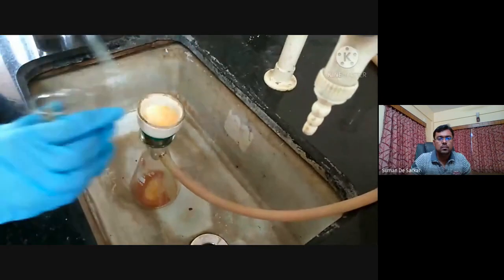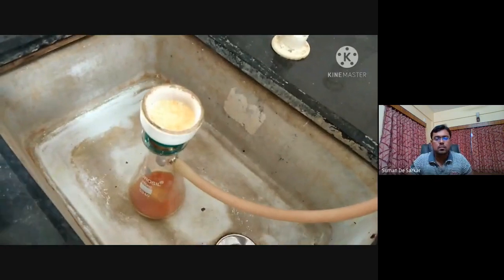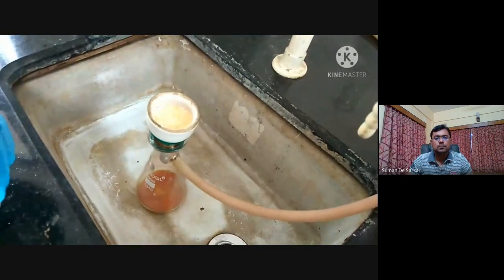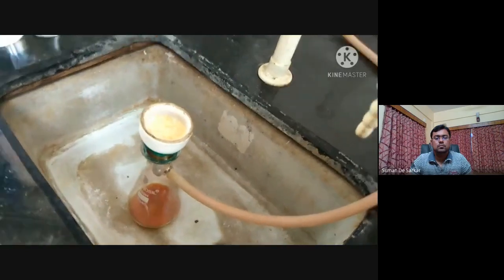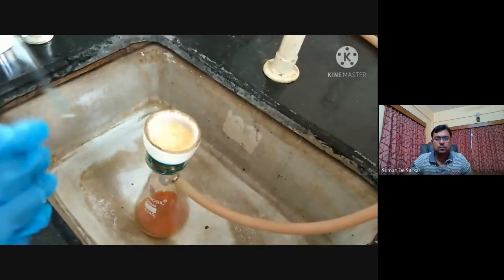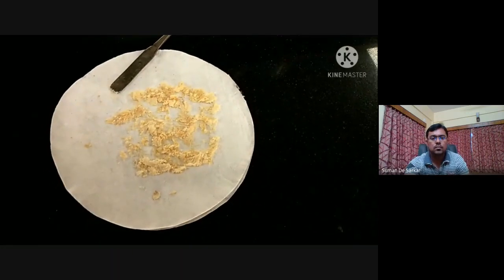The hydrazines will get dissolved in the normal HCl and go away. The hydrazone part will remain as it is. Very nice precipitates of this hydrazone product.